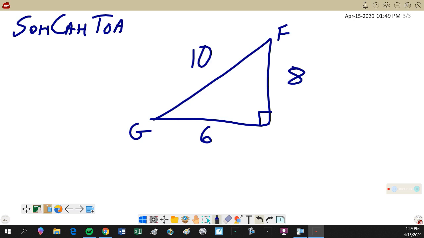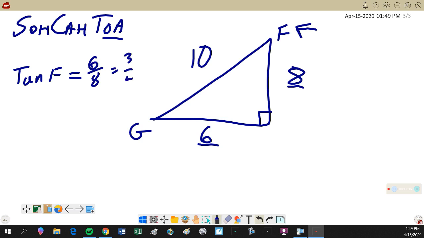All right, so let's do the tangent of F. So tangent is O over A. If I look at angle F, O is going to be the 6, and A is going to be the 8. 6 over 8, and that actually simplifies to be 3/4.